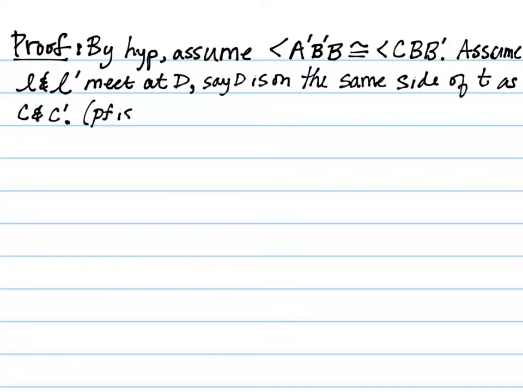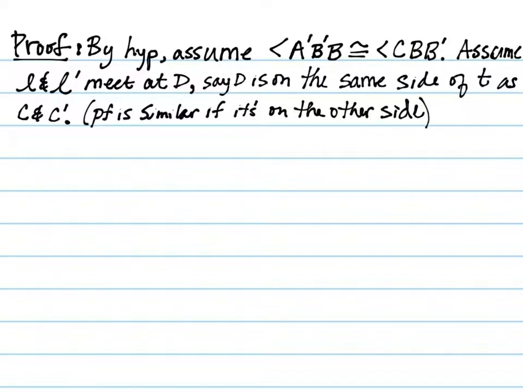The proof is similar if it's on, and I'm just going to say the other side. So we're not really being choosy in a way that's inappropriate. It's just making an identification, okay? All right, so we're going to keep moving.